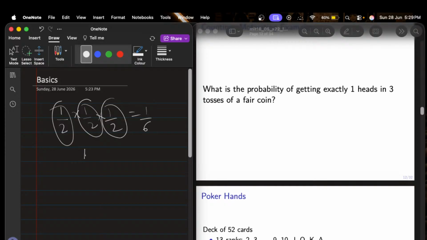What is the probability of getting exactly one head? We have three situations: heads or tails. Either head or tail, either head or tail, either head or tail. We have 6, so even 6 in 1 will work. Or if we write 6 in 3, then the answer would be 1 by 2. No, so it would be 6 in 1 only, I guess.